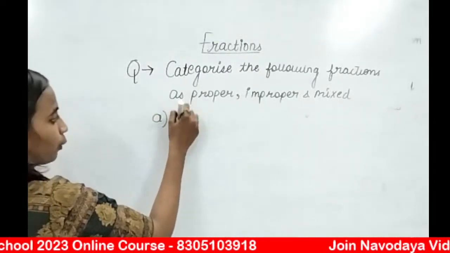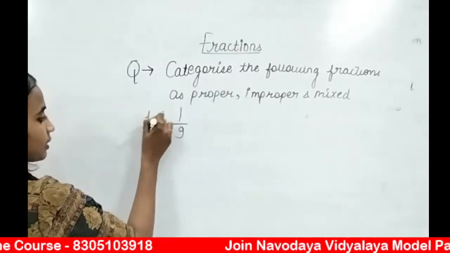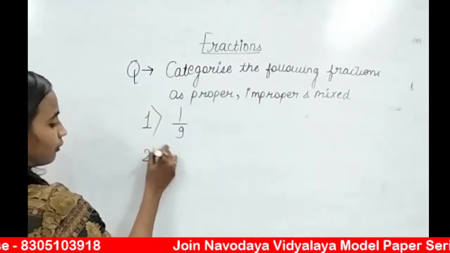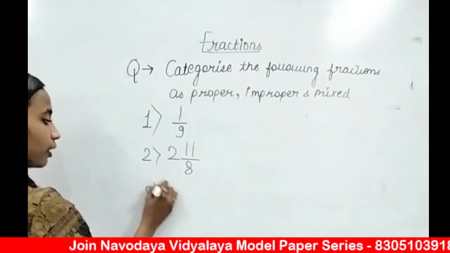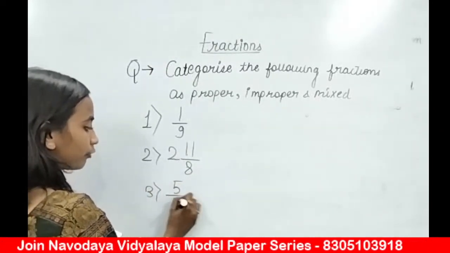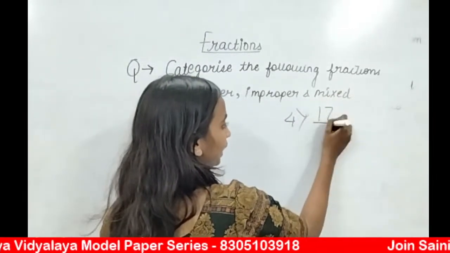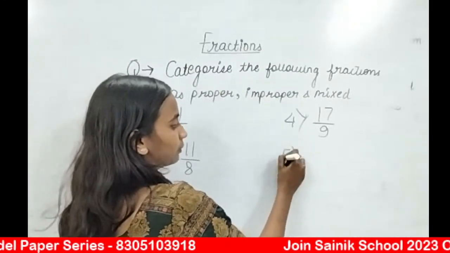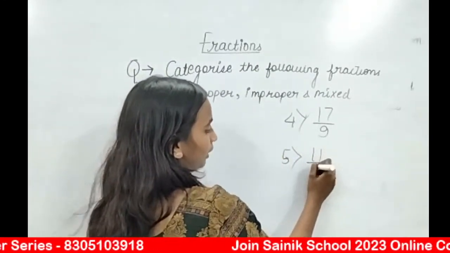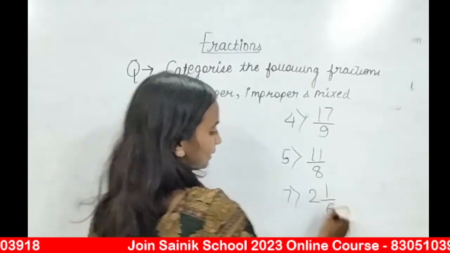First fraction, 1 by 9. This is the first one. Second fraction, 2 11 by 8. Third fraction, 5 by 17. Fourth fraction, 17 by 9. Sixth fraction, 11 by 8, and seventh fraction, 2 1 by 6. Go ahead.